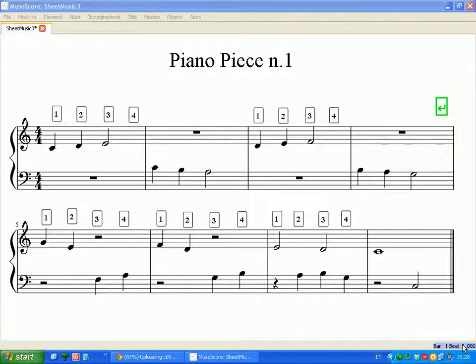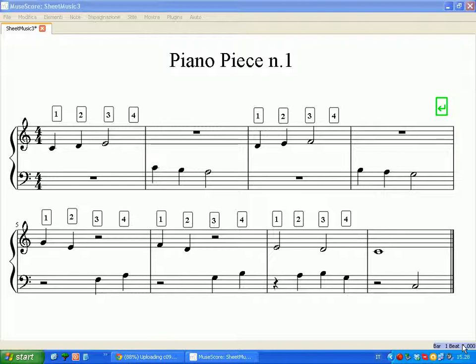It is very important to understand this concept, that there is a vertical correspondence between the right hand staff and the left hand staff, and this, of course, allows us to write the beats also of the last bar, for example.